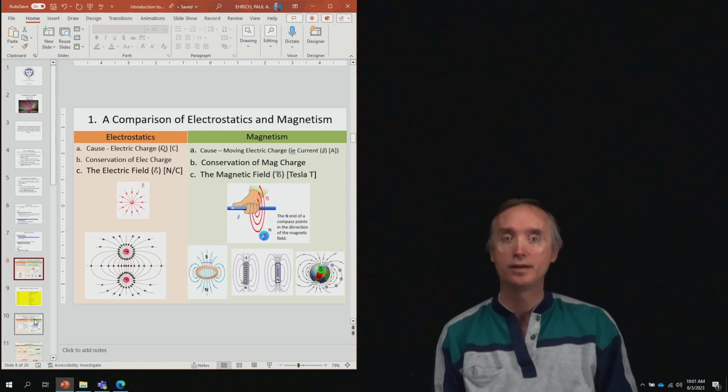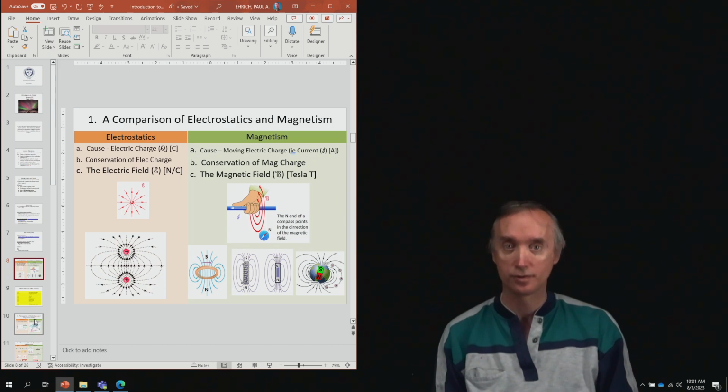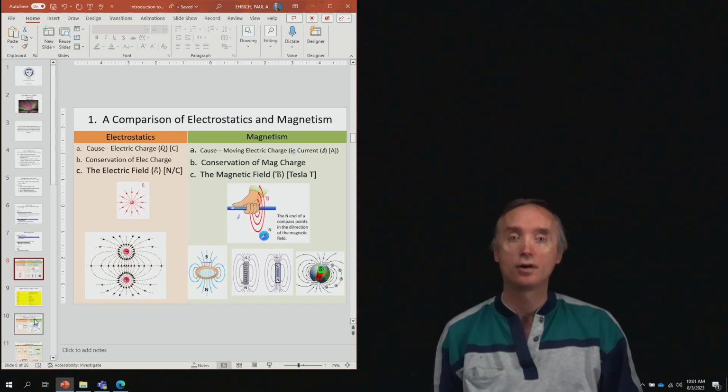Okay, then we had a definition of conservation of electric charge, and then we were able to draw a region of space created by that charge, and we called that the electric field. So we want to see if there are analogous concepts when the charge is moving.